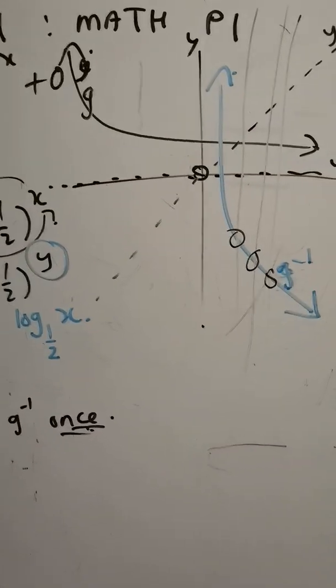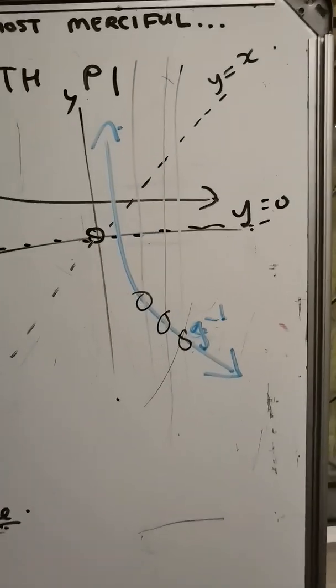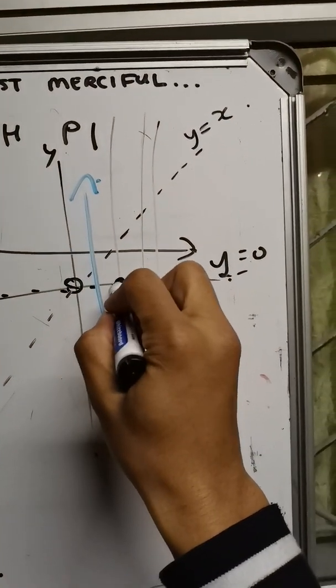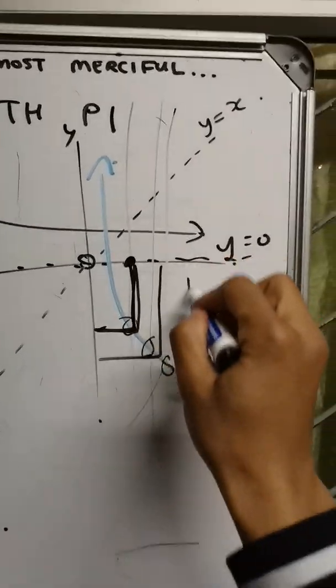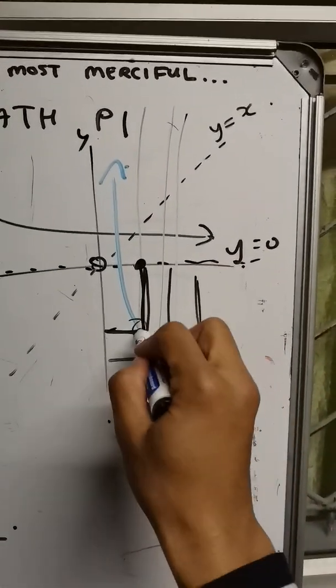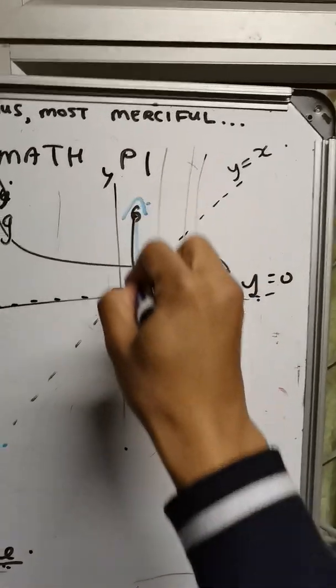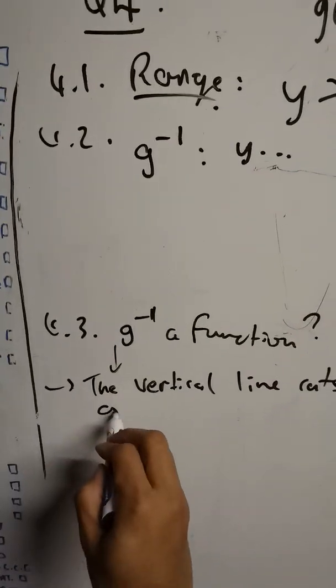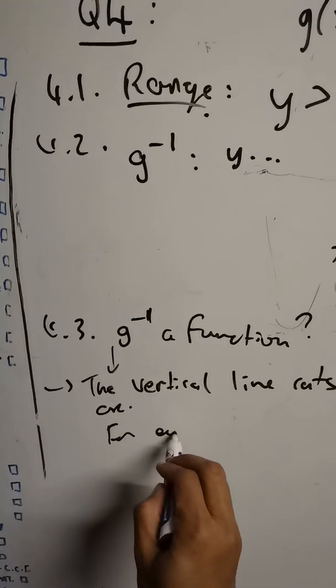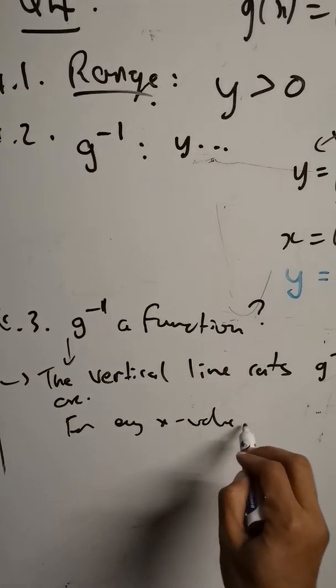Or what you could have also said is that for every x value, there is only one corresponding y value. You can see here that for every single x value, there's only one y value.